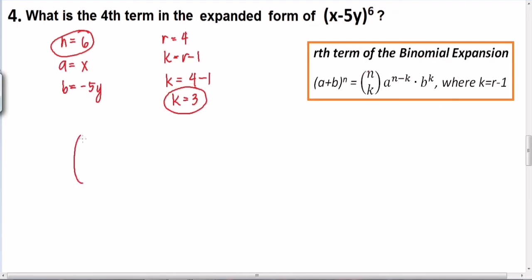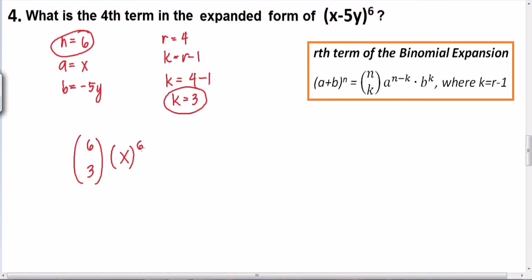So, yung n natin is 6. So, 6 lalagay nyo. Palagi naman nandyan si n sa ibabaw. And then, yung k na nasa ilalim, gagawin yung 3. Hindi 4 ha. Yung 4, fourth term, ang gagamitin yung k is yung 3. So, minus 1 palagi. Okay? And then, yung first term, which is x. And then, raise daw sa n minus k. So, ang n minus k, ito yung n, ito yung k.